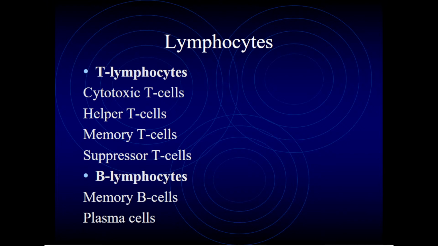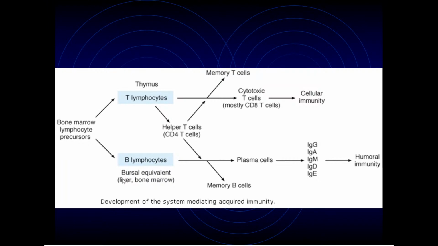As I told you, there are four major types of T cells, which are involved in cell-mediated immunity: cytotoxic, helper, memory, and suppressor T cells, and two types of B cells that are involved in humoral mediated immunity. I will tell you briefly about the function of each subtype of T and B lymphocytes.